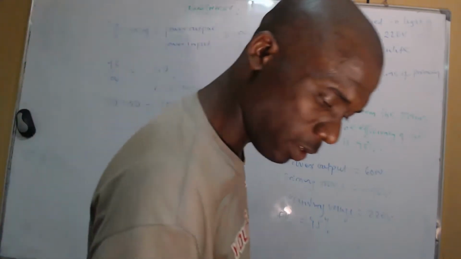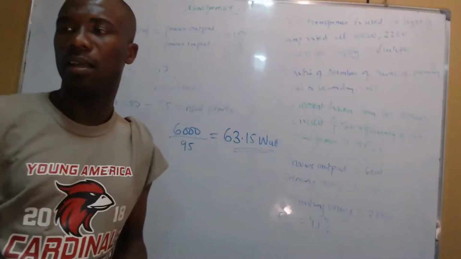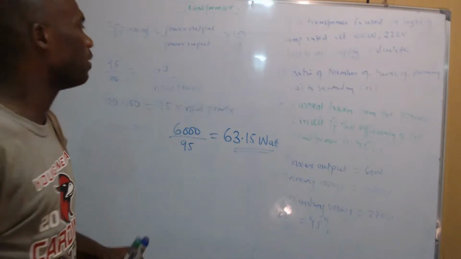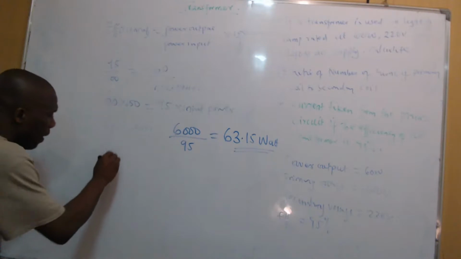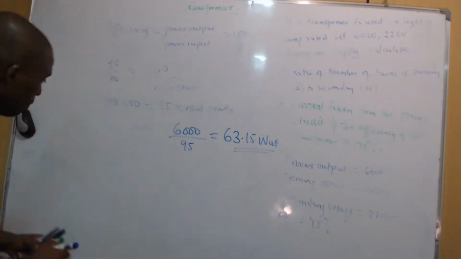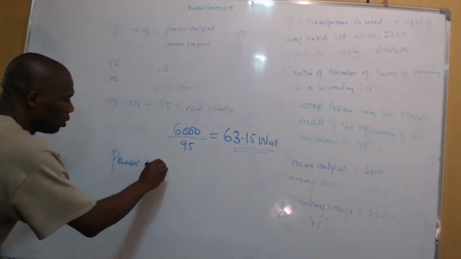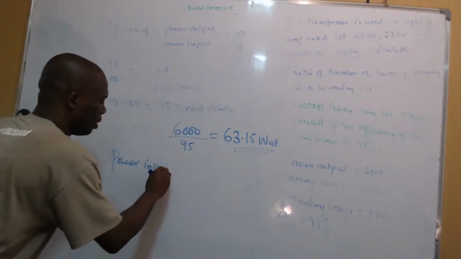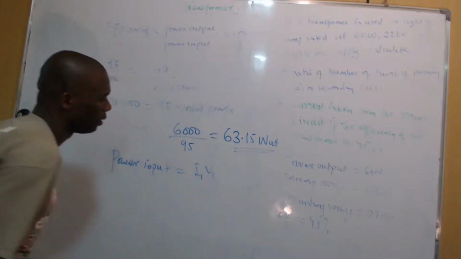Now, 6,000 divided by 95 gives us the power developed in the primary part of the transformer. Now, primary power, that is power input, is equal to P1, which is equal to I1 V1.